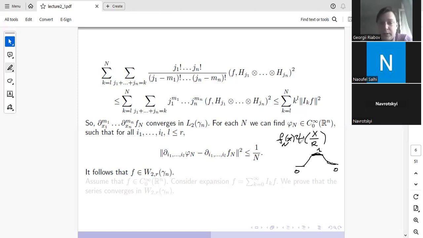This means that there exists a sequence of infinitely differentiable functions with compact support that converge to F, and all derivatives up to order R also have limits in L2. This means that the function F belongs to the Sobolev space.